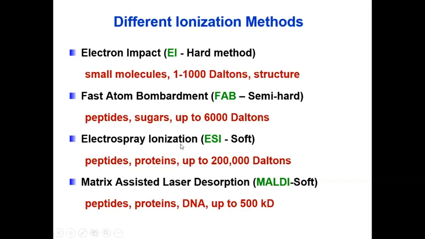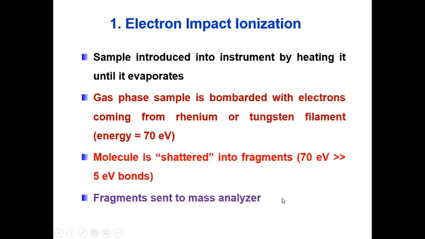Using electrospray ionization, we can analyze peptides and proteins up to 200,000 Dalton. And last, we have matrix assisted laser desorption ionization, and using this technique we can analyze up to 500 kilodalton of molecular mass. So these are the different ionization techniques used for different molecular masses of compounds.